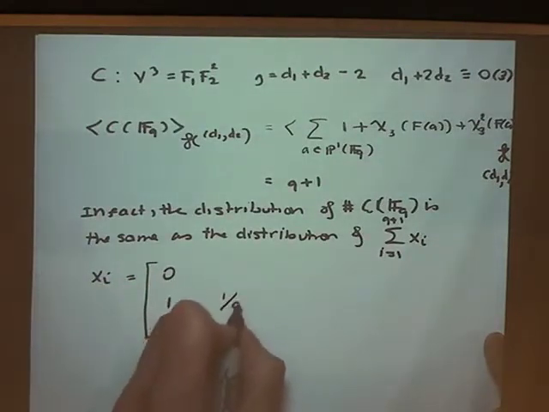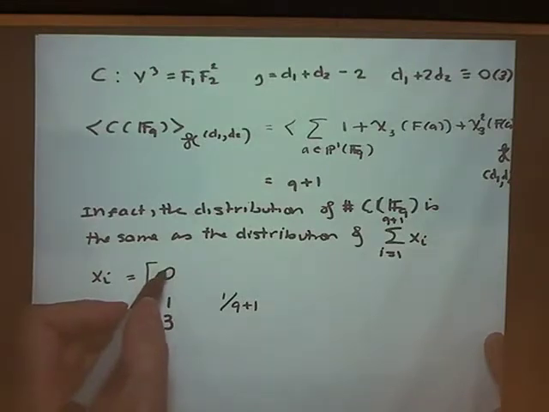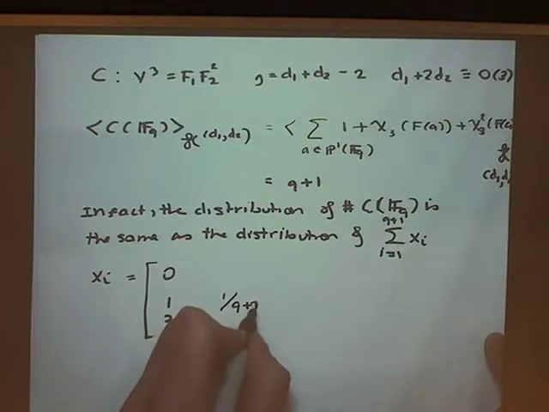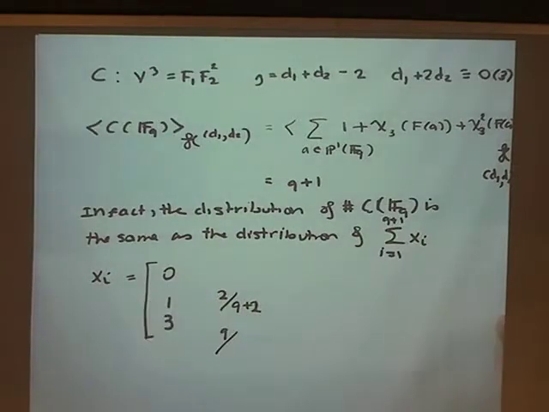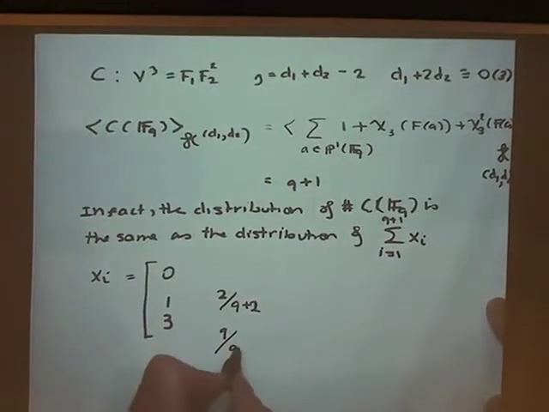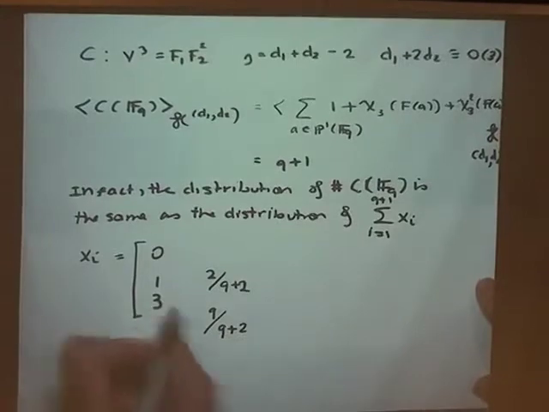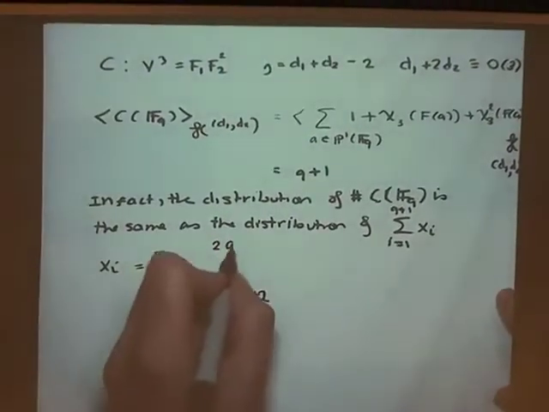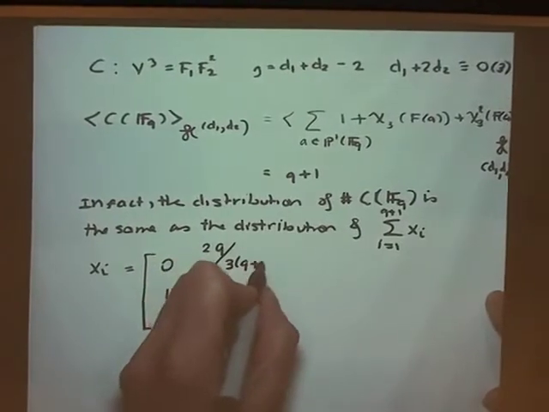So this was 1 over q plus 1, this is taking the value 0, and this is taking a value which is not a cube. This is taking a value which is a cube. Whoops, sorry, I just wrote square-free polynomial. Okay, we're not looking at square-free polynomials. So this one is taking values which are a cube, which happens a third of the time. And there's two ways to be not a cube, so this happens 2/3 of the time.